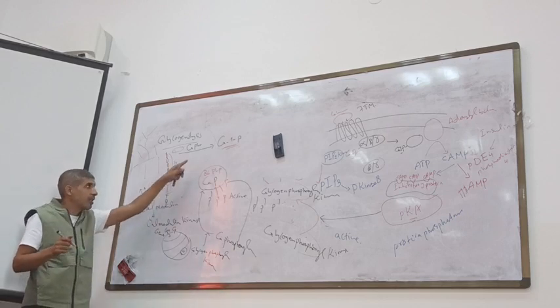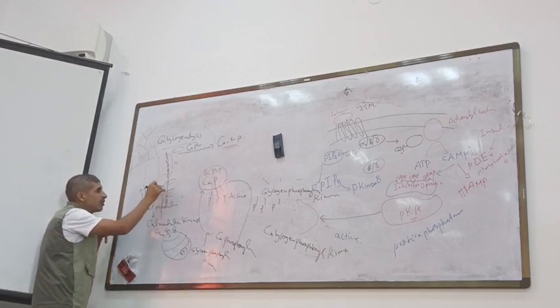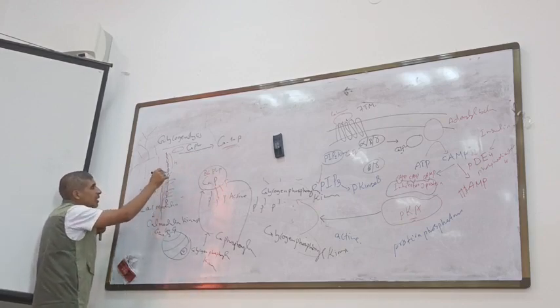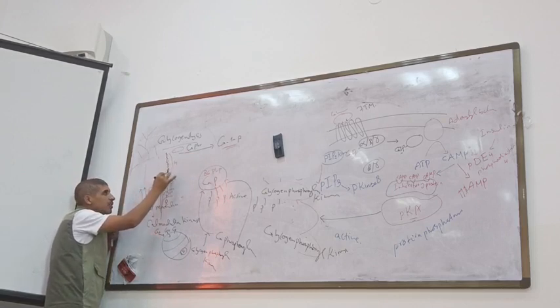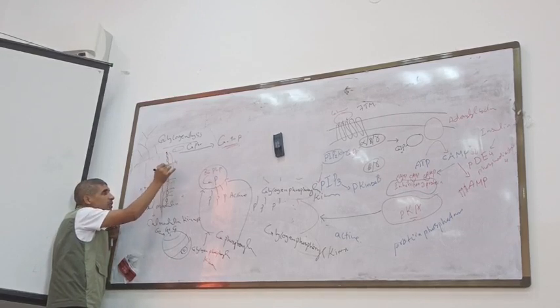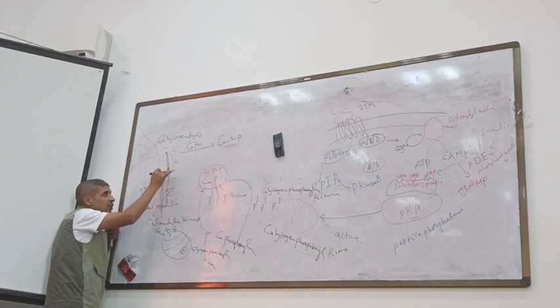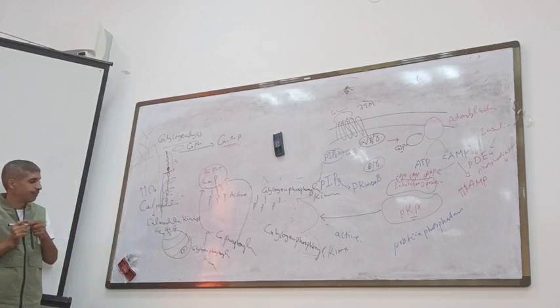So this glycogen phosphorylase hydrolyzes. When the glucose is 4 molecules far from the branching point, glycogen phosphorylase cannot work, so it stops. There is a branching enzyme.